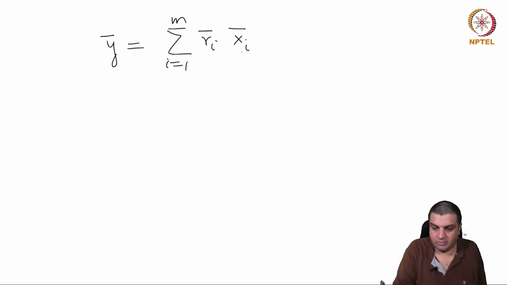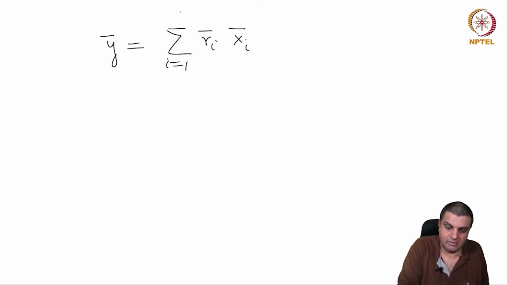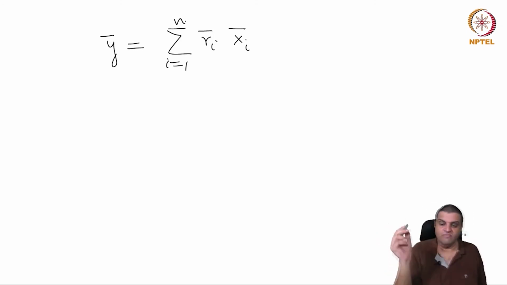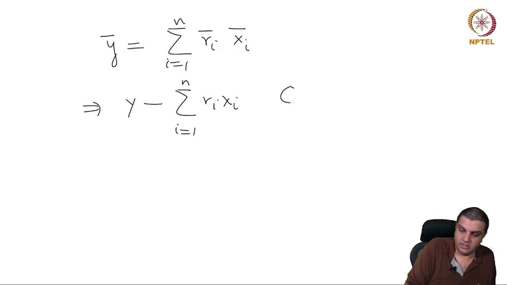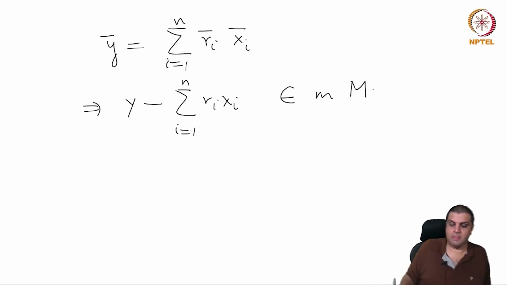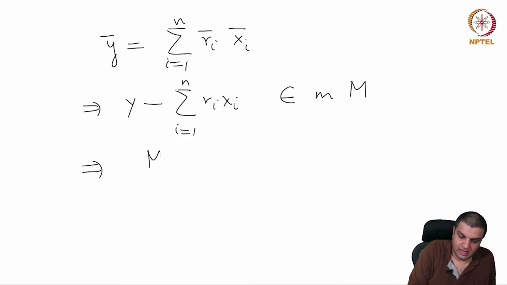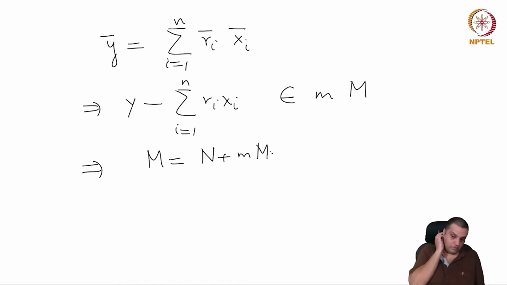This is the hypothesis that M mod mM is generated by these n elements. Okay, but what does this mean? So this means that y minus the sum is inside mM. So every element can be written as an element of N plus an element here. So this implies that M is equal to N plus mM.